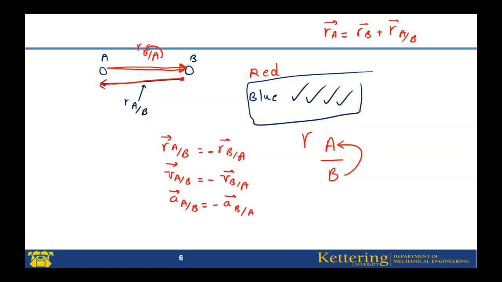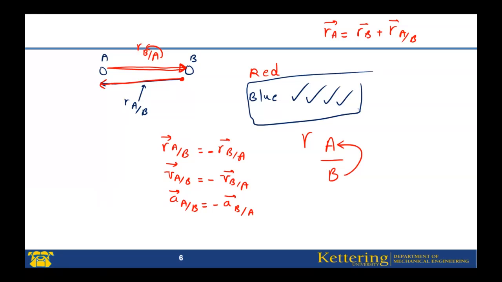This is one reason. Instead of R A with respect to B, if you select R B with respect to A, it's negative. Instead of adding a number to the vector, you subtract a vector. It makes a difference in the solution, and you will lose a lot of grade. Any questions?